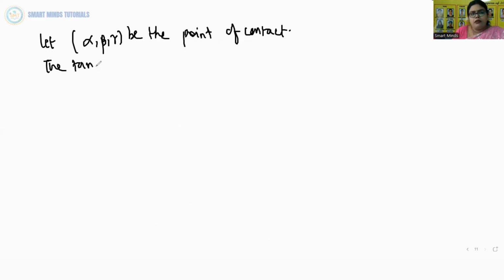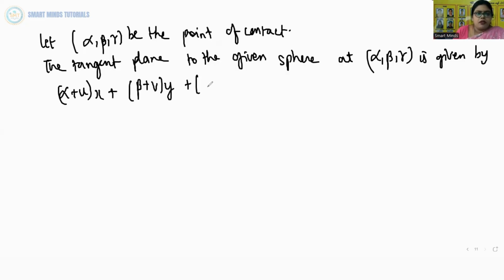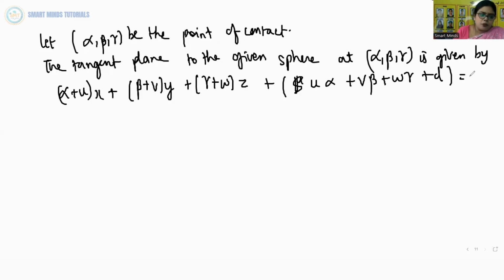So the tangent plane to the given sphere at alpha, beta, gamma is given by alpha plus u into x plus beta plus v into y plus gamma plus w into z plus u alpha plus v beta plus w gamma plus d equals to 0.